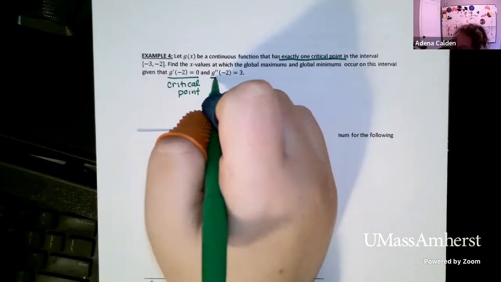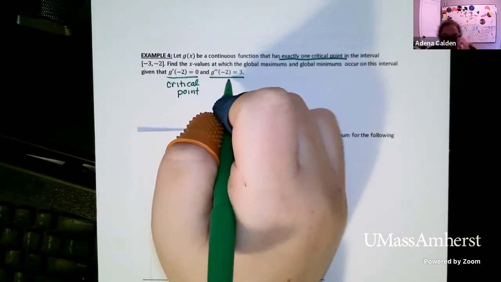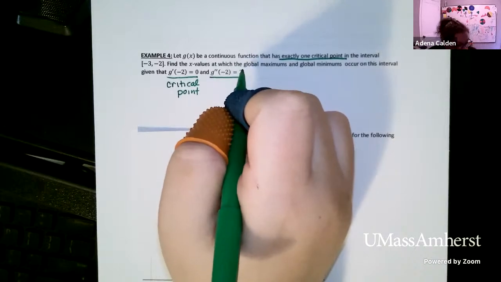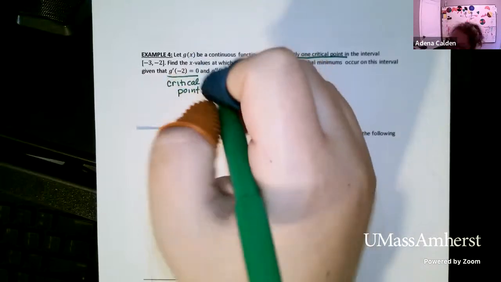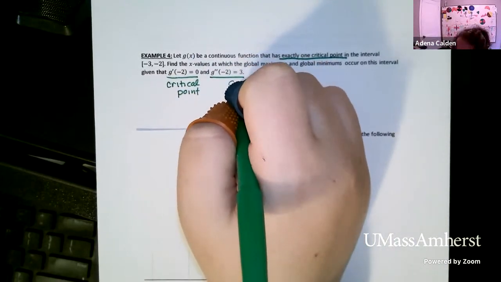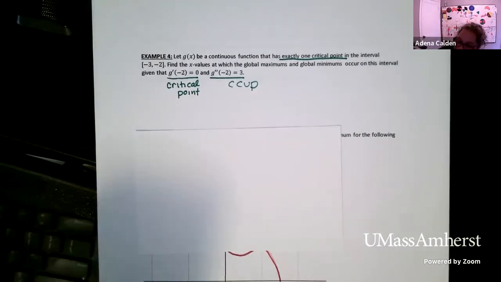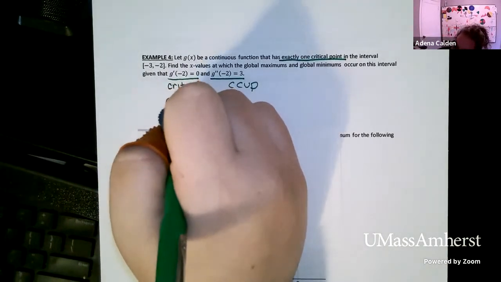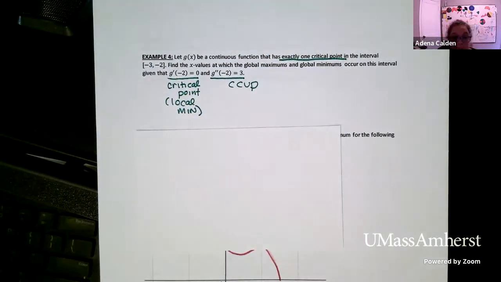We also know that the second derivative at -2 is 3. Remember, the second derivative tells us about the concavity of the function. So this tells us that we are concave up at that point. That also tells us that our critical point is a local minimum.